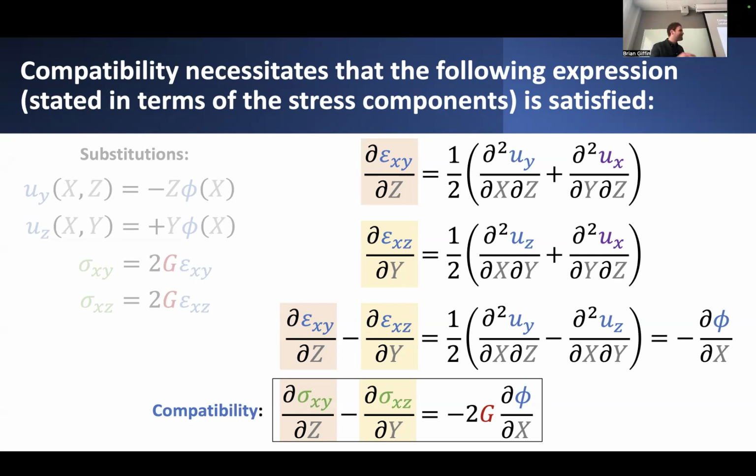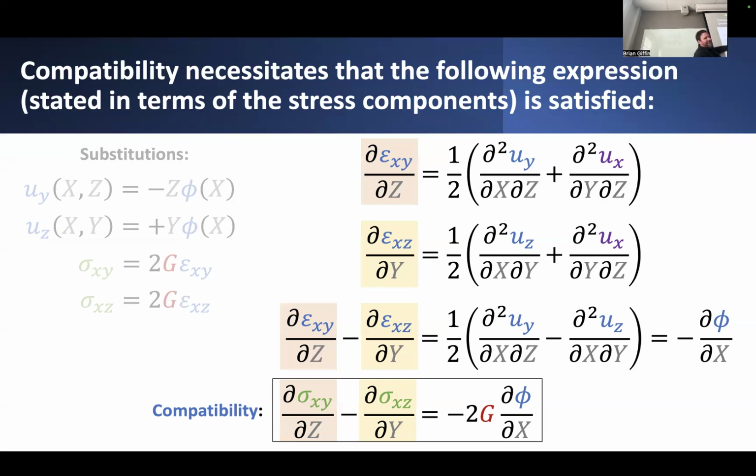So the warping displacement term goes away in this expression, and all we're left with is expressions involving these in-plane displacements, and those depend exclusively on the angle of twist. Or more specifically, this summed expression just gives us back exactly the rate of twist expression, or the partial derivative of the angle of twist function with respect to the axial coordinate.